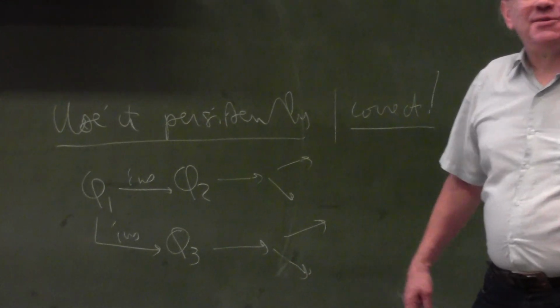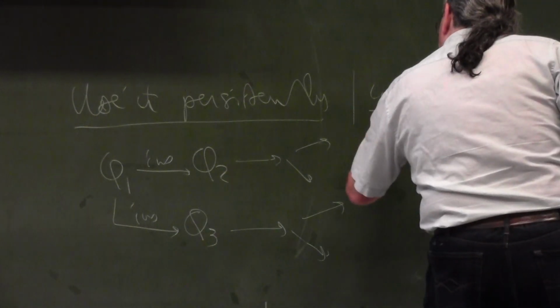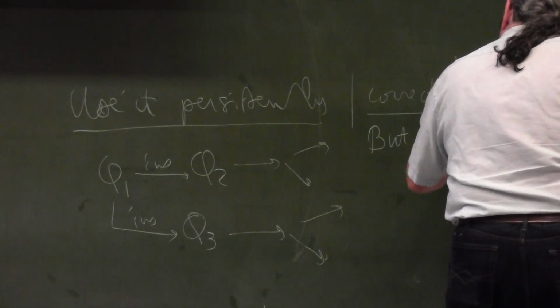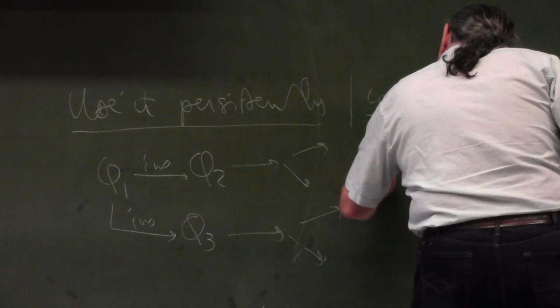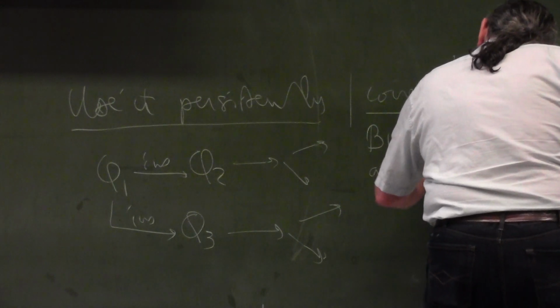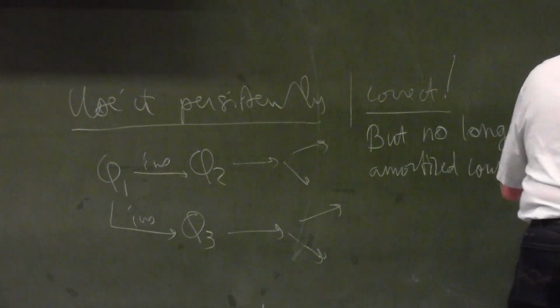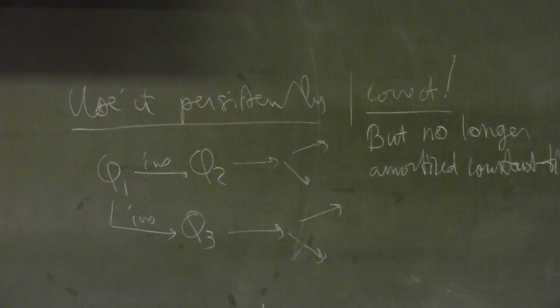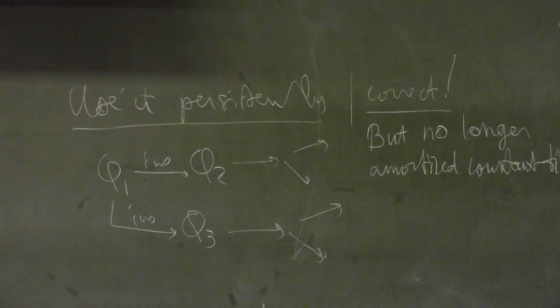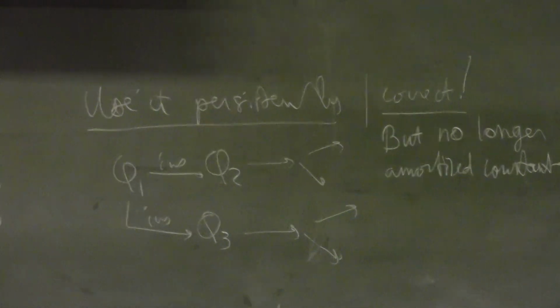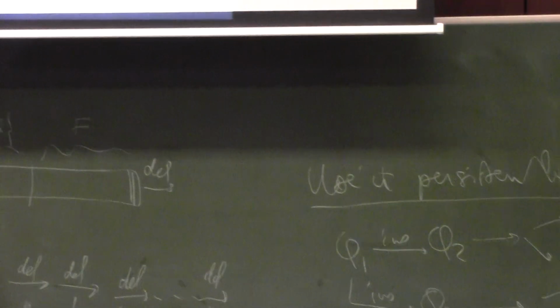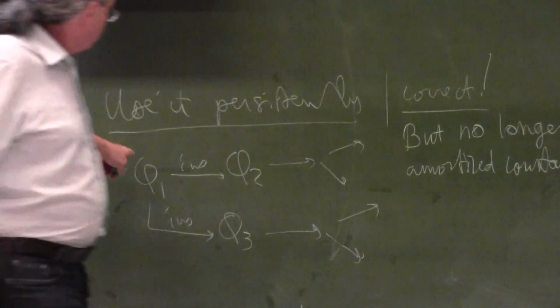But it's not amortized constant time anymore. The amortized constant time only works when you use one version, actually. If you use more than one version, this guy will no longer be amortized constant time. Why not? What happens if you try to use this one in a persistent way, which means you create multiple versions?